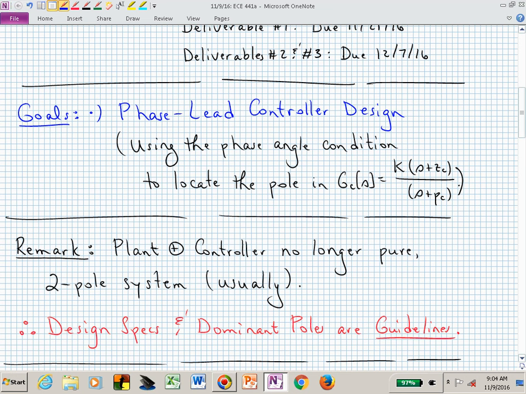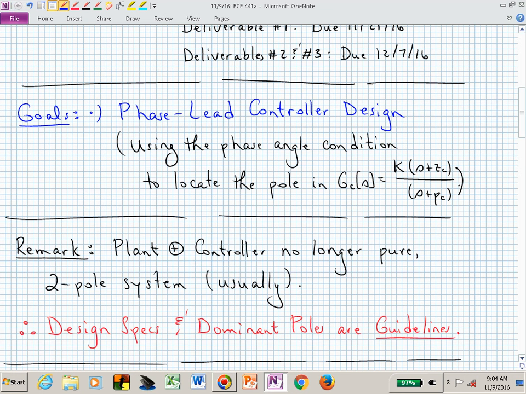But really bear in mind that our design specifications, as far as these vertical lines determining our settling time, the angles determining our percent overshoot, the horizontal line determining our peak time, those are really just guidelines, rules of thumb. They aren't exact rules that are going to be precisely held.